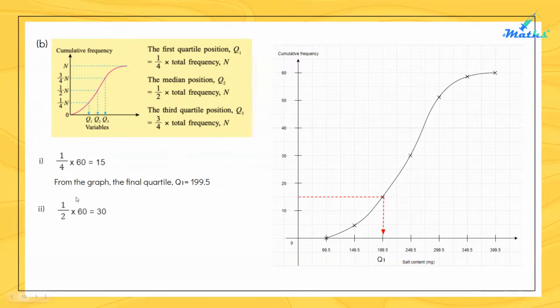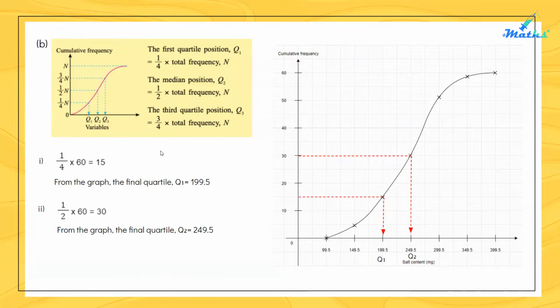For the median, we use the formula 1 per 2 times 60, and we get 30. In the graph, we find 30. When we touch the line, we go down, and this is Q2. So from the graph, Q2 is 249.5.